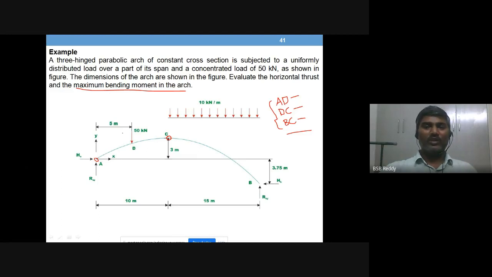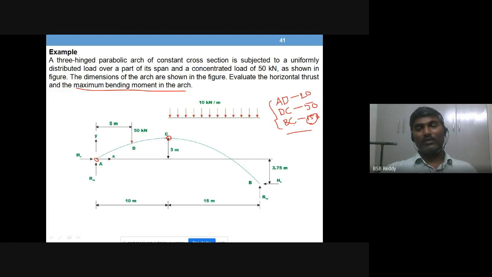Say portion AD may have a maximum value of 20 kilonewton meter, portion DC may have a maximum bending moment value of 50, and portion BC may have a maximum bending moment value of 150. Among these three, the maximum is 150. This is what you need to find out. This is just an example for you to understand.